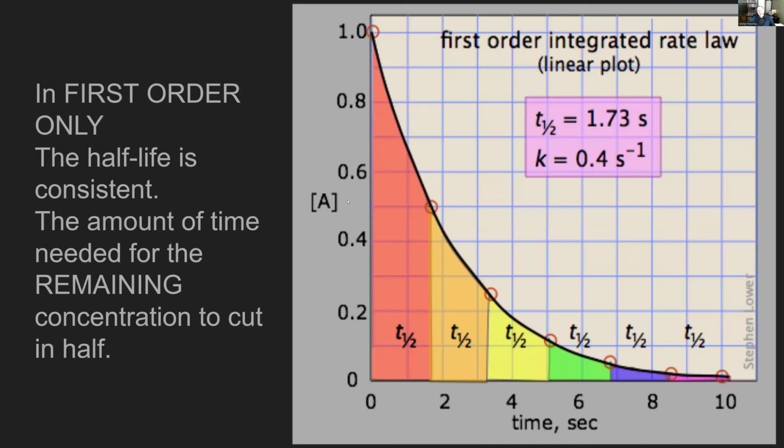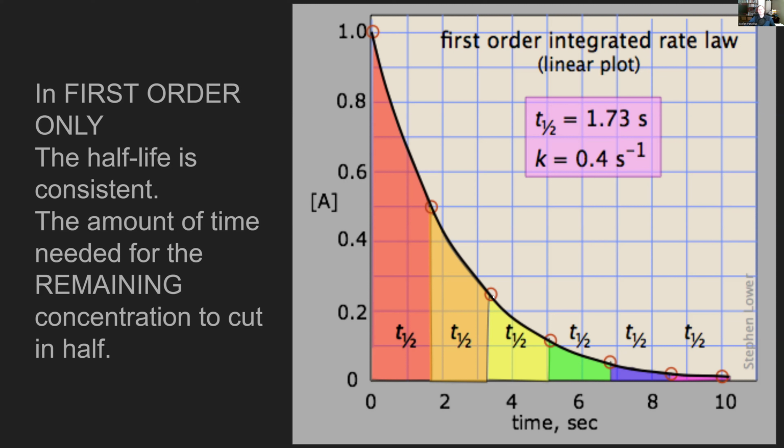So what do I mean by half the amount of stuff that you have left? Well, if you're starting at 1 molarity at the very top up here, it takes, according to this, an amount of time to get to 0.5. So that means it's cut its concentration in half. From 1 down to 0.5 took a certain amount of time. It will take the exact same amount of time for that 50% to get to 25%.